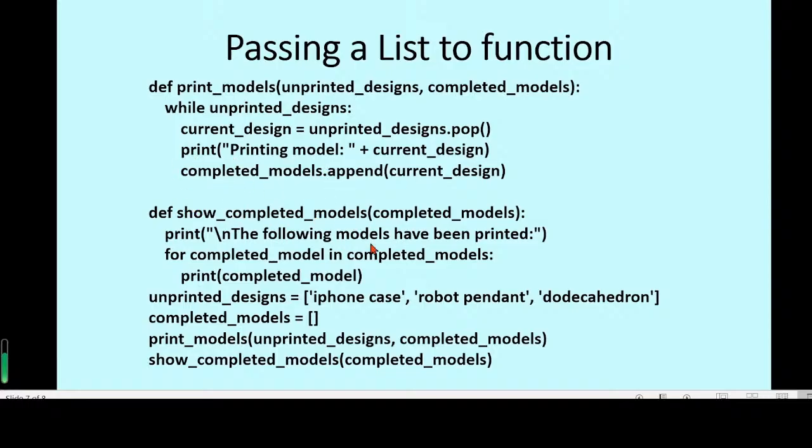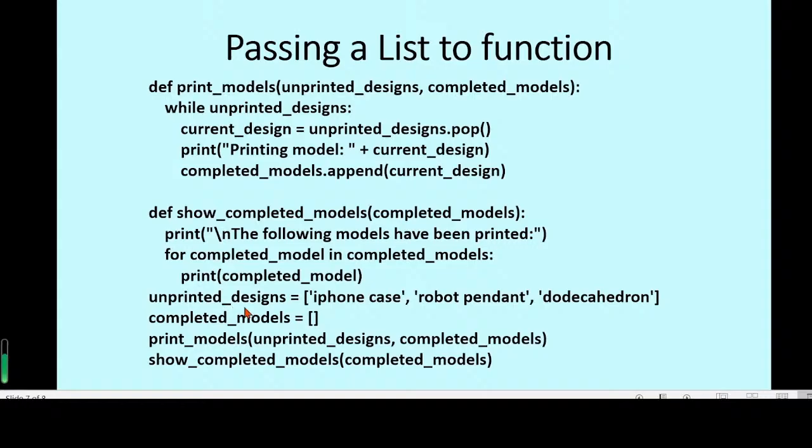Next, another function called showCompleteModels with one list as parameter, completed models. We print a message, then for each completed model in the completed models list, we print this model. So to call these functions, we first define two lists.